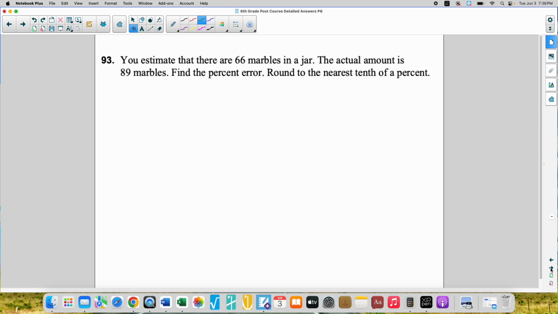You estimate that there are 66 marbles in a jar. The actual amount is 89. Find the percentage of error, rounded to the nearest tenth of a percent. Okay, percentage of error.